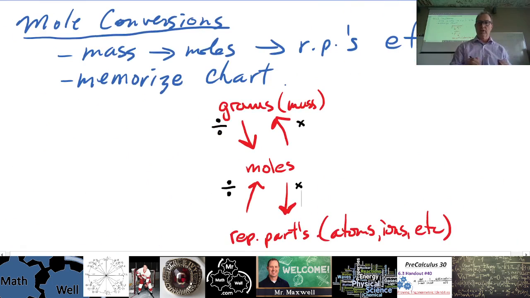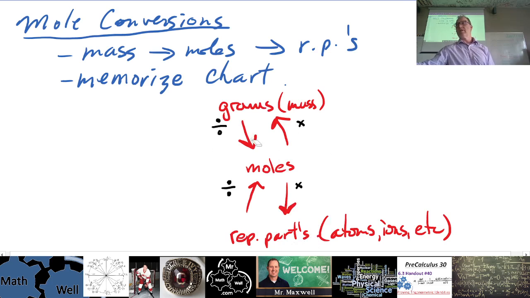All right, mole conversions. If you have to convert from a given mass of something to moles of something, or moles to RPs, which are representative particles, like atoms, ions, etc., then one thing you can do is to remember this chart. I think this is pretty easy to remember. We have grams on top, then moles, then these representative particles.